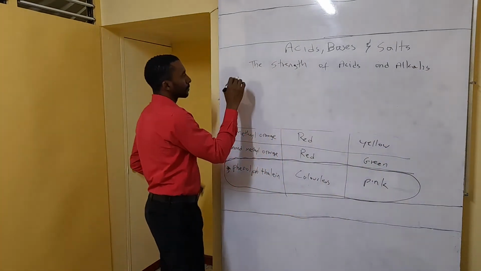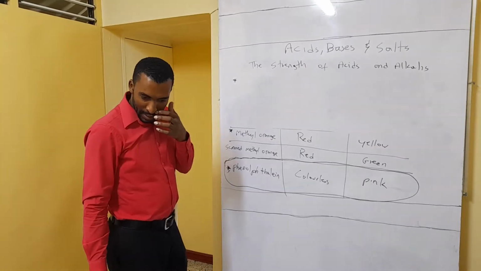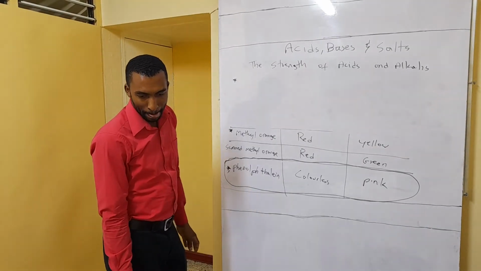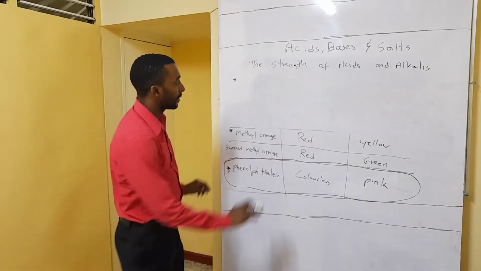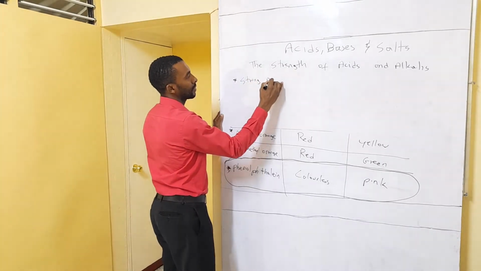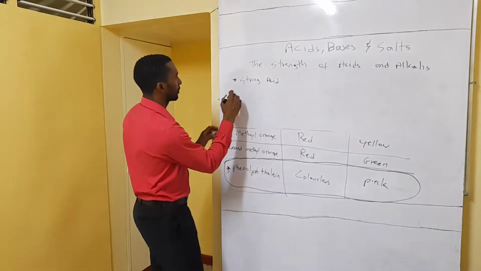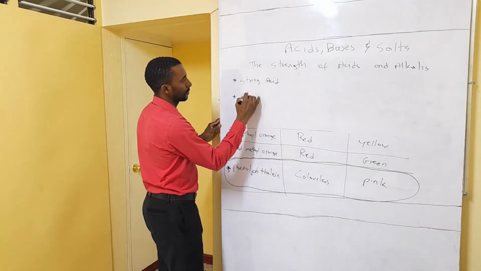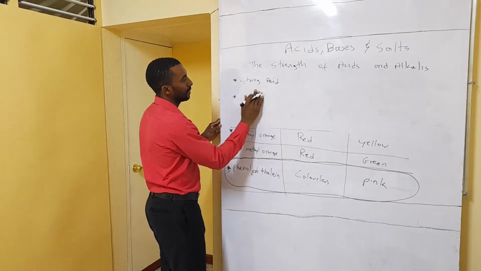You have strong acid and you have weak acid. And you have strong alkali and weak alkali. Right? So we have strong acid, and you have weak acid.